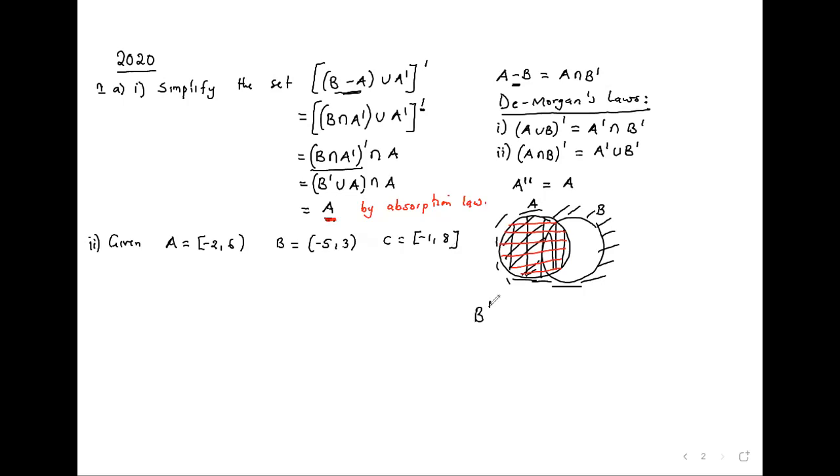Is it possible that you differentiate the B complement intersection A and the B complement union A in the Venn diagram?